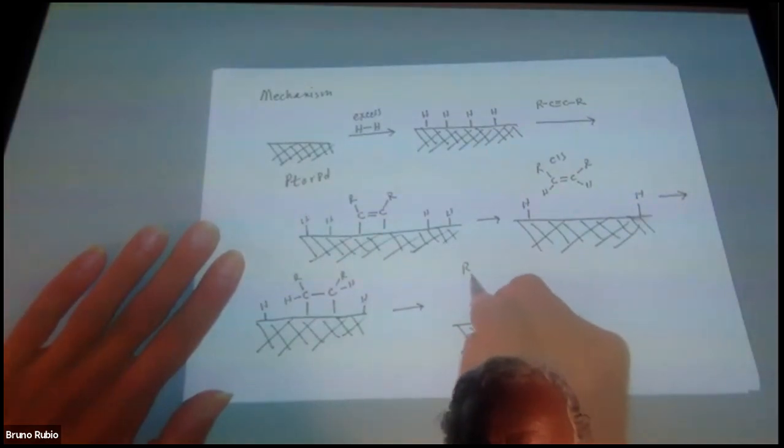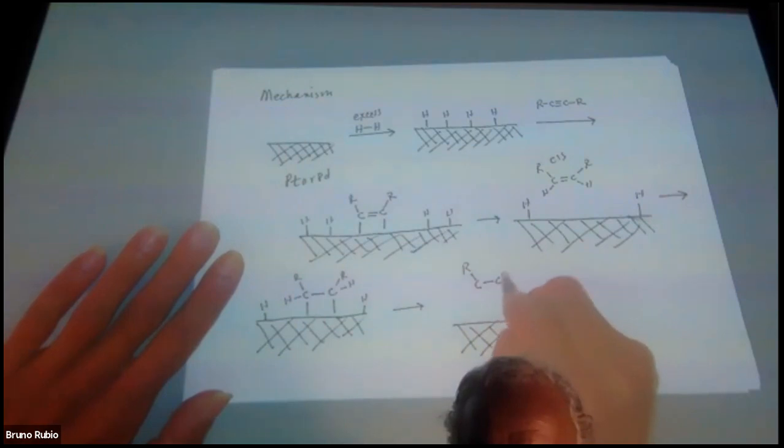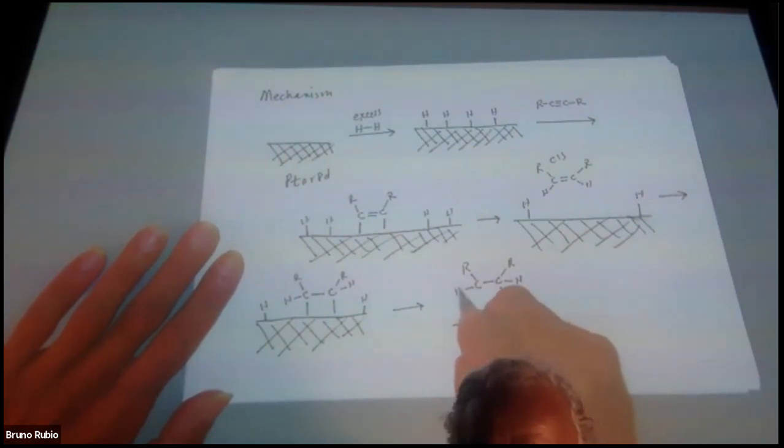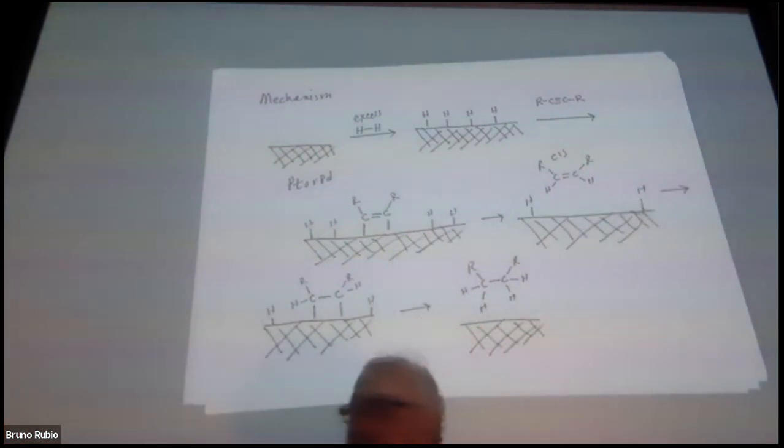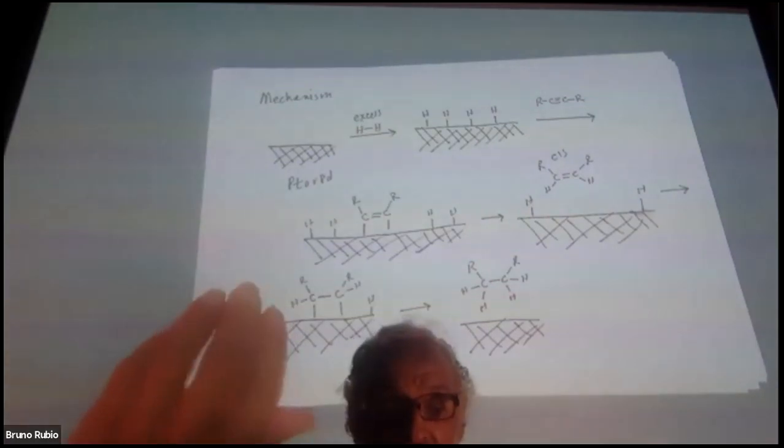And there is our final product, which is an alkane. So that's the mechanism for how a double bond, how a triple bond is taken down to a single bond by hydrogen adsorbed on a catalyst surface.